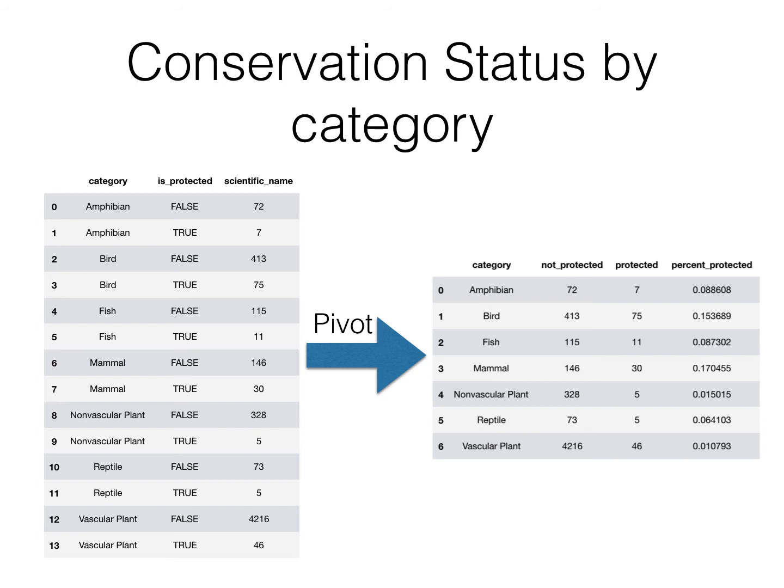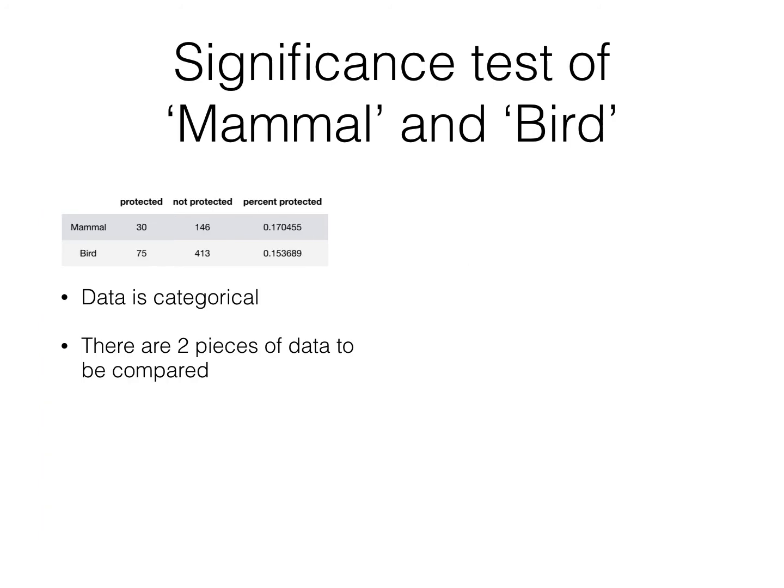It looks like the mammal are more likely to be endangered than bird, so I'm going to do a significance test to see if we can reject the hypothesis now. We can see in the table for the mammal there are 30 being protected and 146 are not protected.